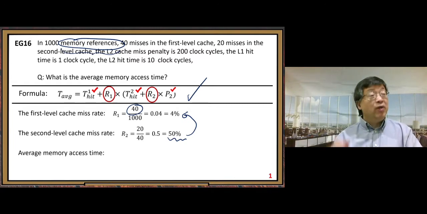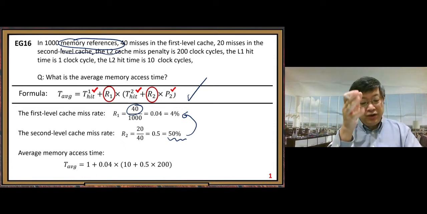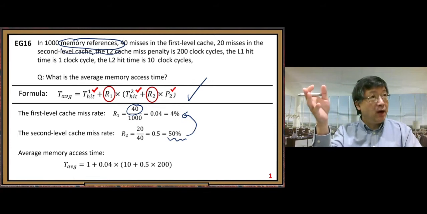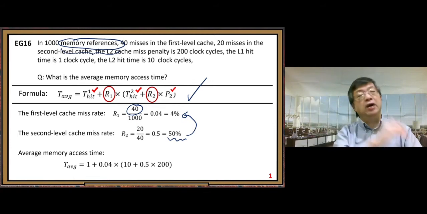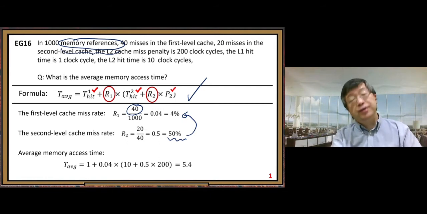And now we are ready to apply the average memory access time. T average equals T1, 1, plus R1, 0.04, times parenthesis T2 hit time 10 plus R2, 0.5, times 200. And we get 5.4. That's the answer.